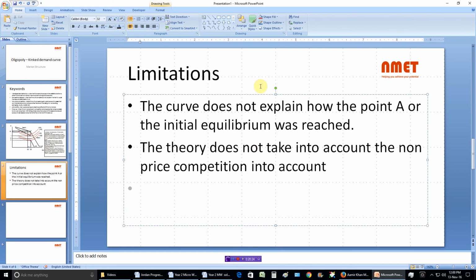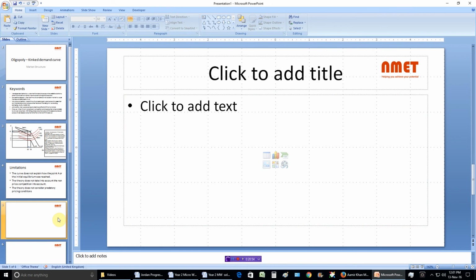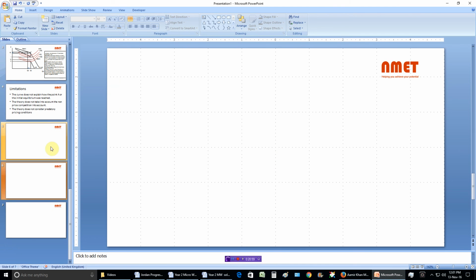Also, the theory does not take into account if there is a price war and someone is using predatory pricing to get rid of competition, and in the long term the price is going to go back up. That is not even taken into account. So is that the same as assuming that if a firm did increase their prices, the other firms would not? If the firm reduces their prices to get rid of competition.